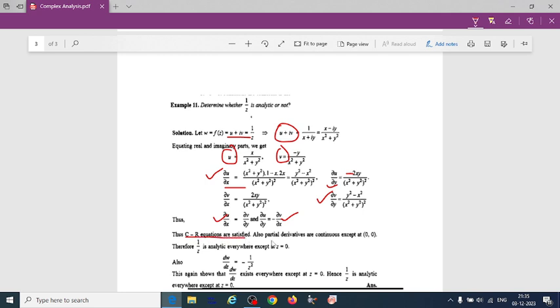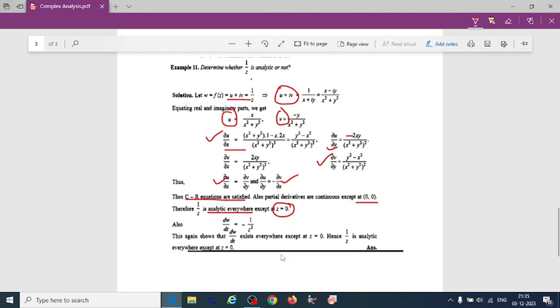And one more thing, the partial derivatives are continuous except at 0, 0, meaning at the origin. So this given function 1 divided by z is analytic everywhere except at z equal to 0, because 1 divided by 0 is infinity. So it is an analytic function except at z equal to 0.